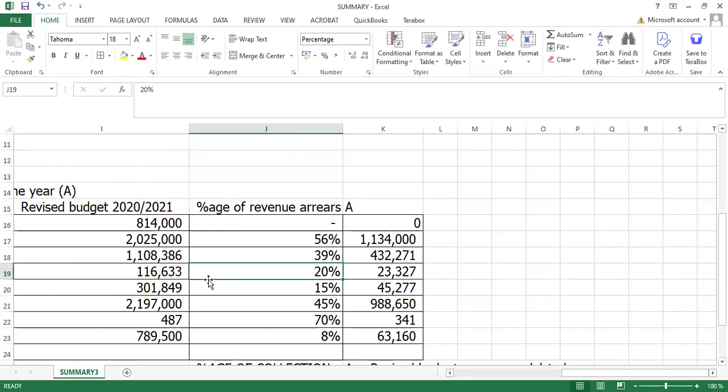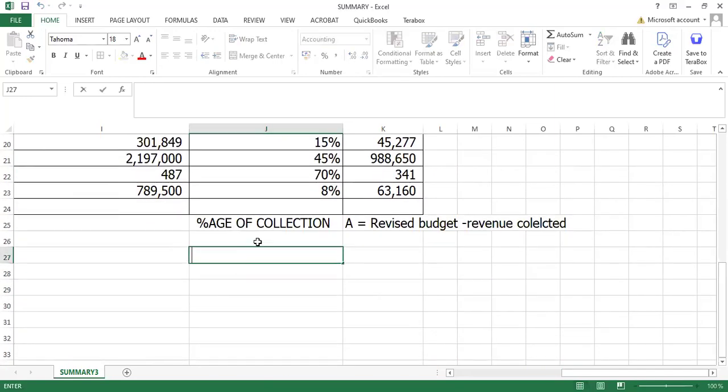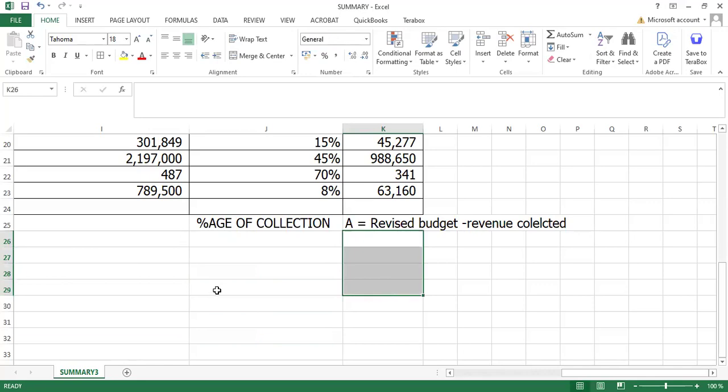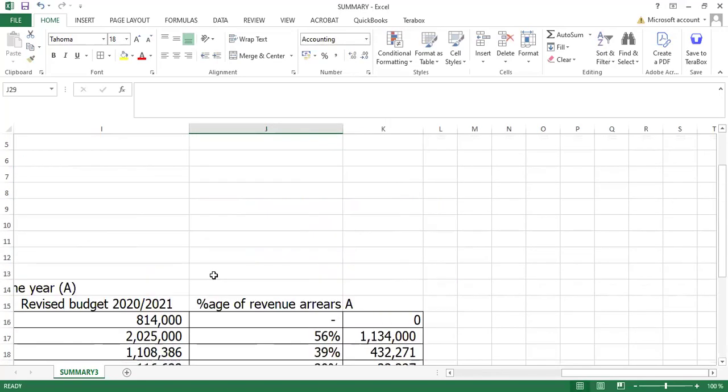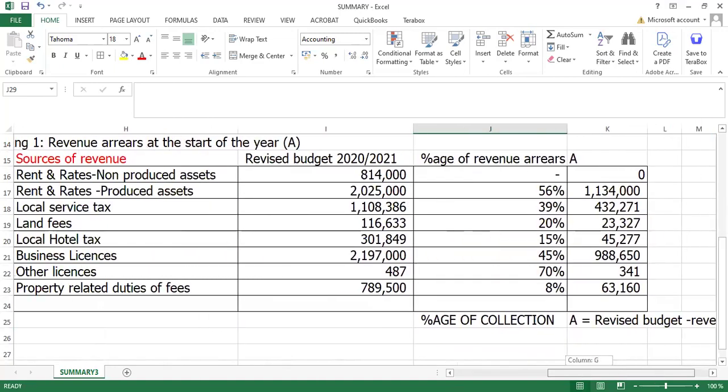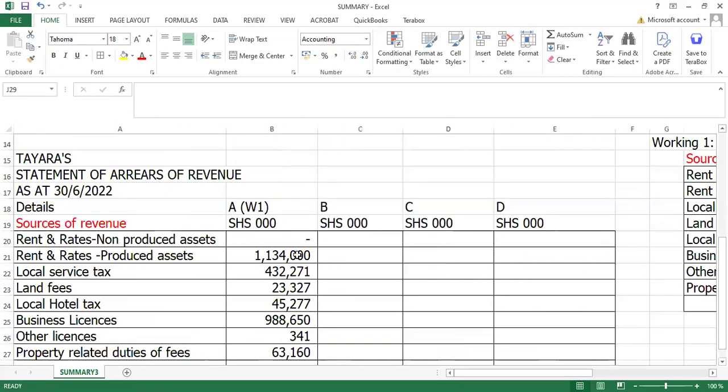It doesn't take time in our exam. This one takes time because you'll be using your calculator, getting this figure minus this, then to get this. It really takes time. Any question? Are we okay on how we get A? Are we okay? Yes, I am okay.